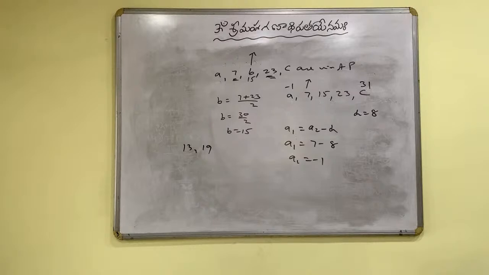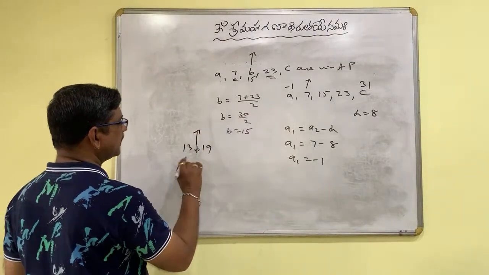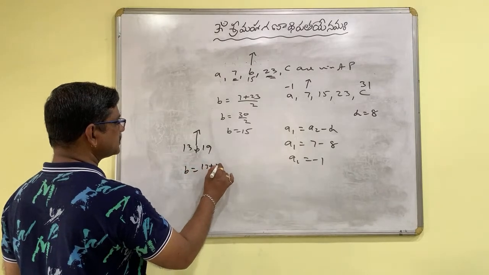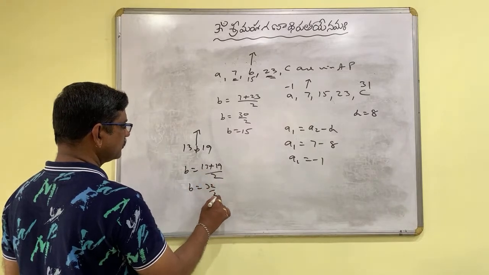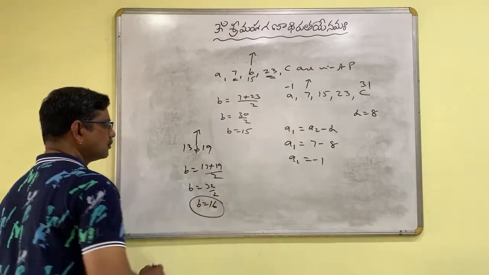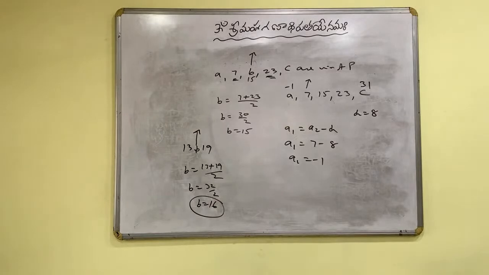What is the arithmetic mean of 13 and 19? 16, correct. Let it be B. B is the arithmetic mean of 13 and 19. B is equal to (13 plus 19) by 2, 32 by 2, 16. So 16 is the arithmetic mean of 13 and 19. And we can observe that 13, 16, 19, those three are in AP.